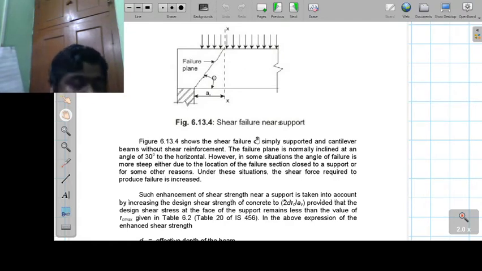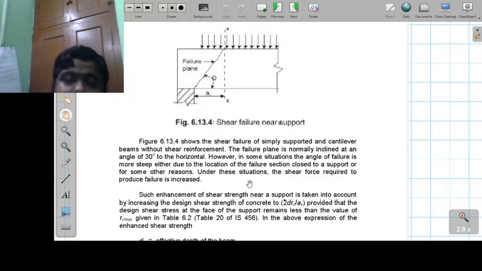What I mean to say is that we need to take care of the section which is close to the support, because of the enhanced shear strength, due to the shear failure along a plane steeper than 30 degrees. Generally it is normally 30 degrees, but sometimes the situation comes in such a way that this failure is steeper than 30 degrees due to some location or some other reason.